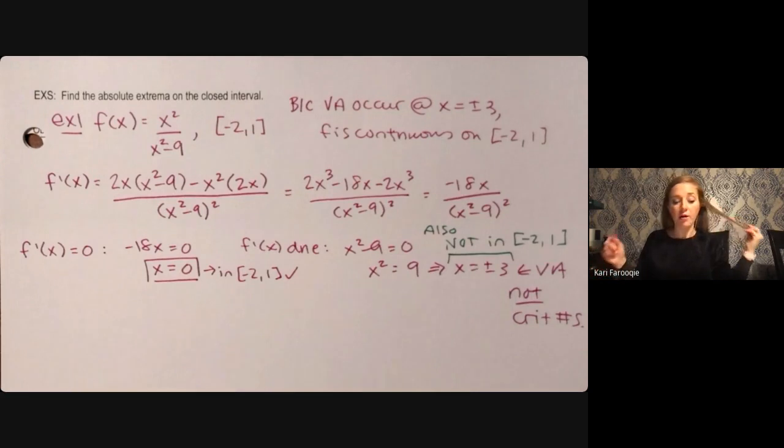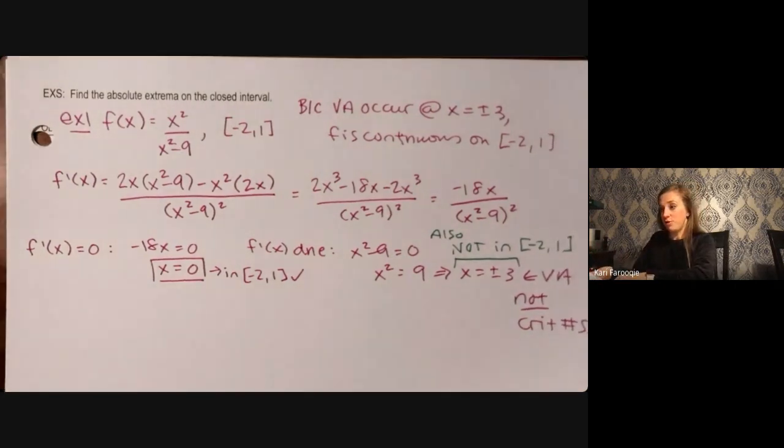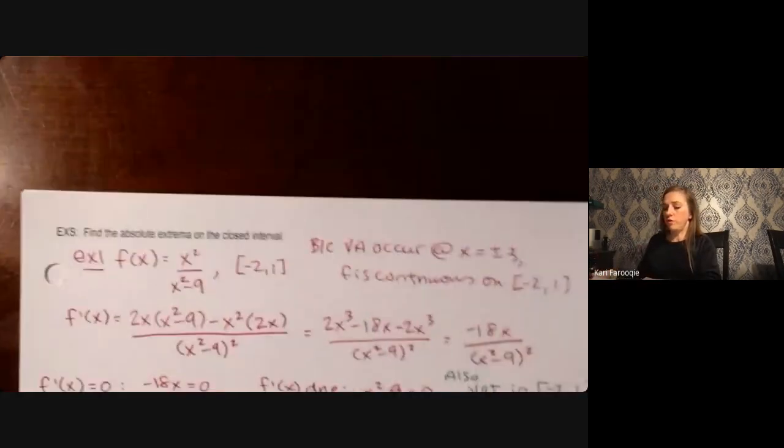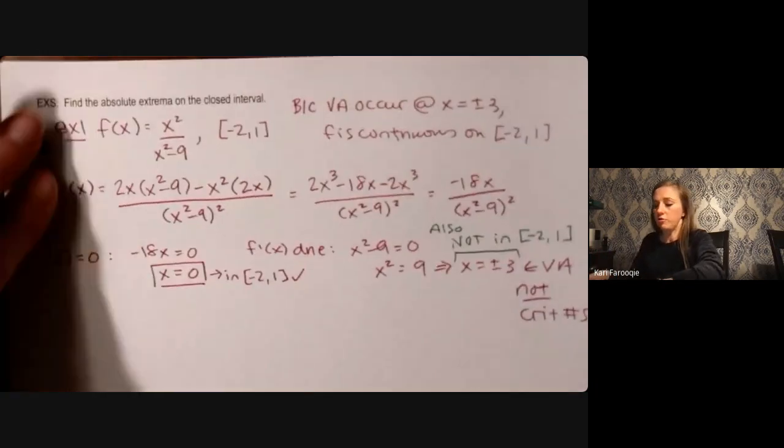Okay, now that we have this, the next step is to evaluate the function at any critical numbers or endpoints. The direction is to evaluate each critical number in the interval and the endpoints, and then we'll determine which value is the largest and which one's the smallest.